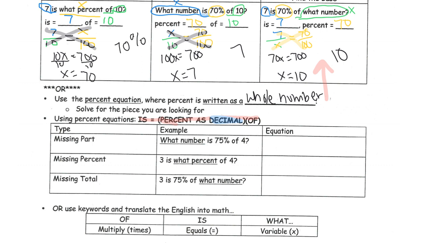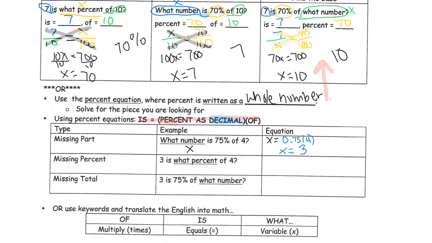So two ways. We did a proportion. Now we can do an equation. What number is our x. So we want x equals our percent as a decimal. 75% as a decimal is 0.75 times our of, which was 4. When we do that, we get x is equal to 3.